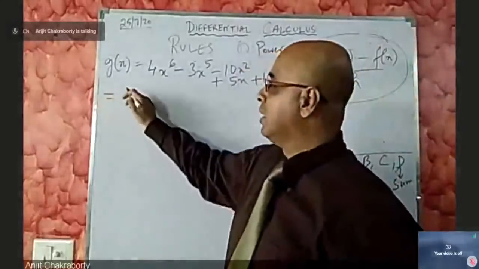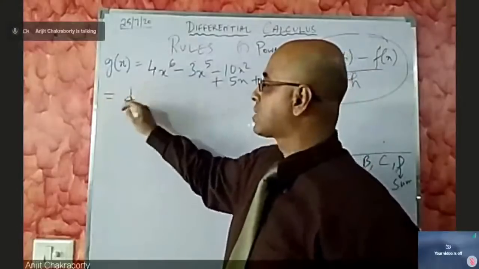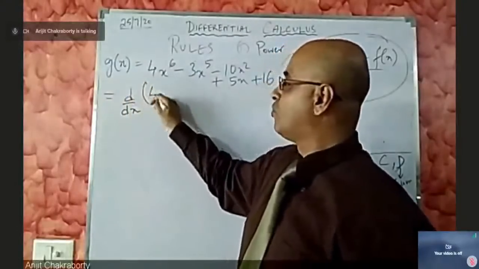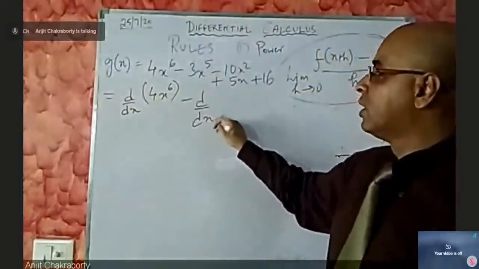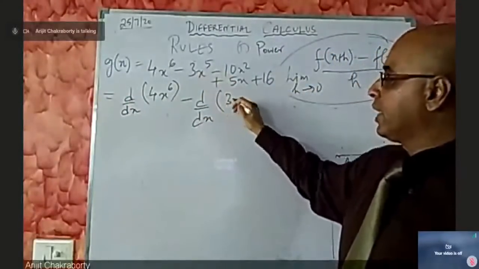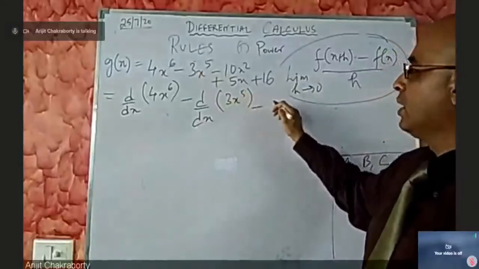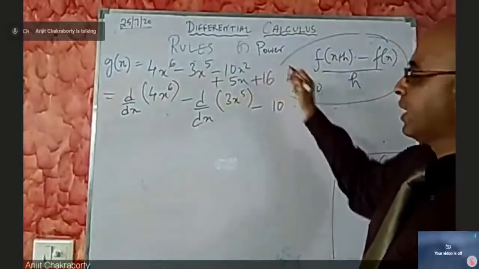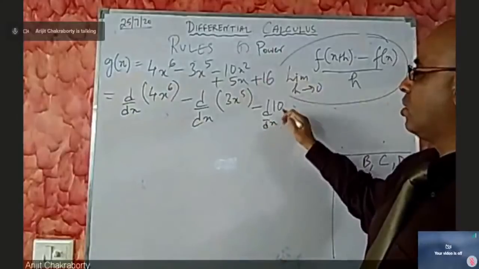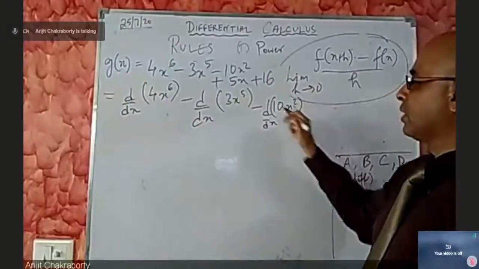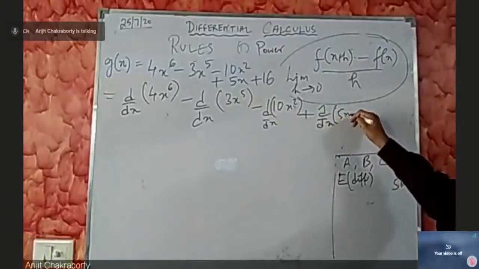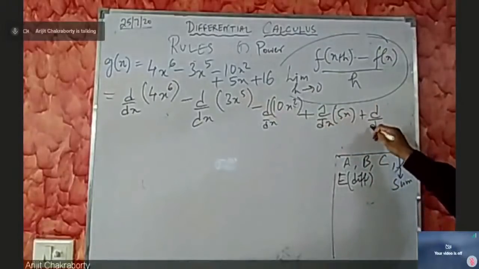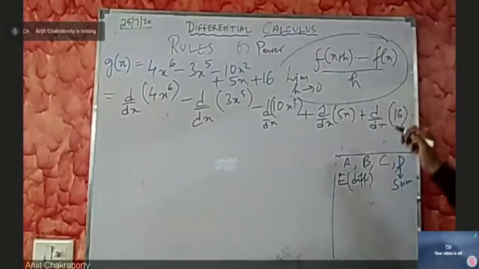First one is d/dx of 4x to the power 6, minus d/dx of 3x to the power 5, minus d/dx of 10x squared, plus d/dx of 5x, plus d/dx of 16.